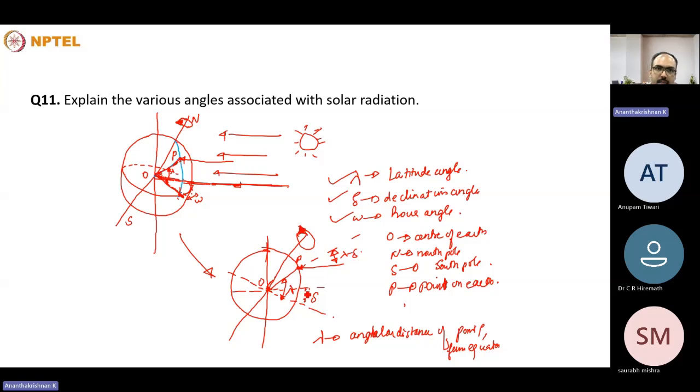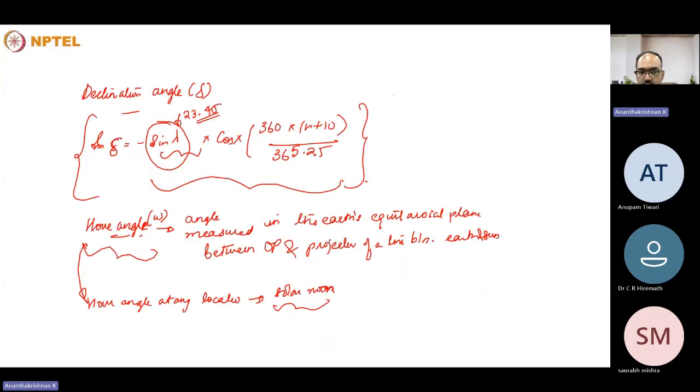Solar noon will actually be the time where the hour angle is exactly 0, and it won't coincide with the actual noon.